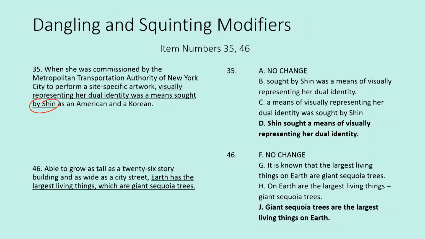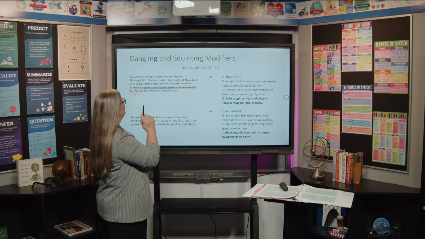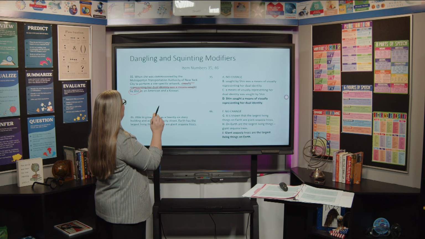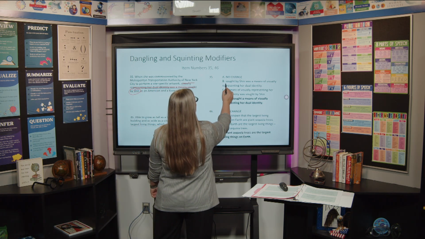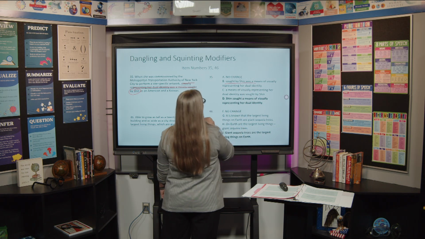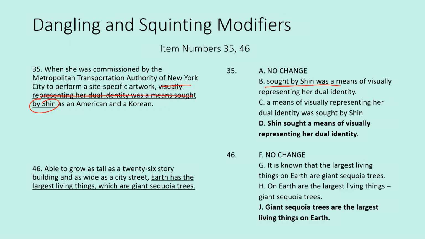So let's rewrite this whole underlined portion and replace it with some of the ideas from ACT. It could read, when she was commissioned by the Metropolitan Transportation Authority of New York City to perform a site-specific artwork, sought by Shin was a means of visually representing her dual identity as an American and a Korean.